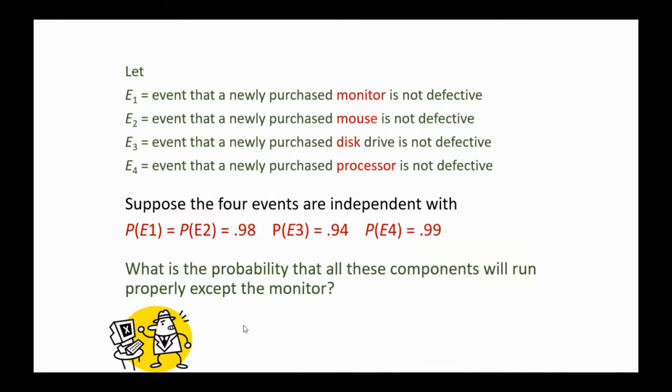So now let's find the probability that all components work properly except the monitor. The monitor, they sold us a broken one.